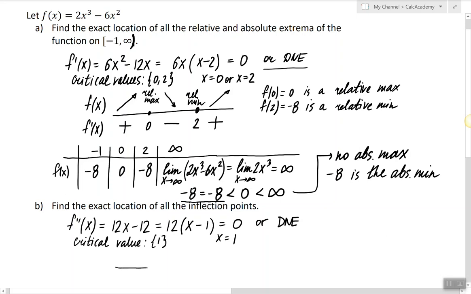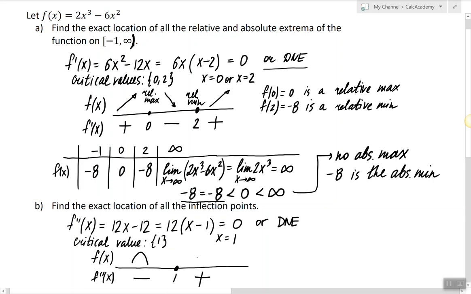Then we set up the sign chart for the second derivative, for which we use all the values where the function is equal to 0 or does not exist. And looking at this function, we know that to the right of 1 it's going to be positive, to the left of 1 it's negative, and then we interpret these signs as the following behavior of the function. When the second derivative is negative, the function is concave down.